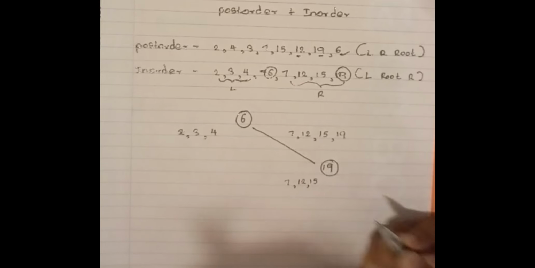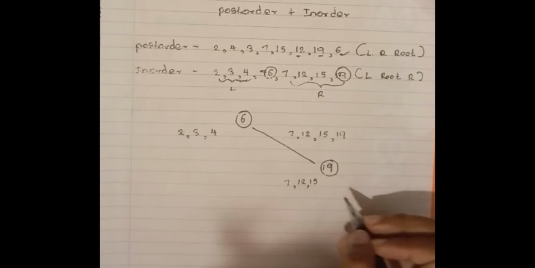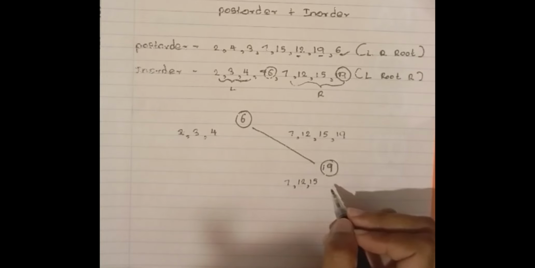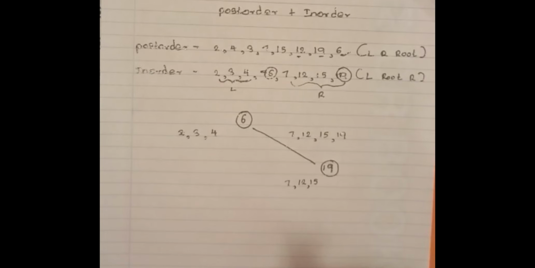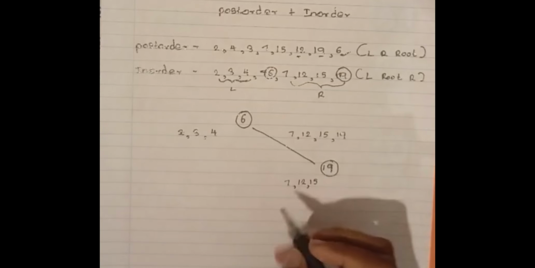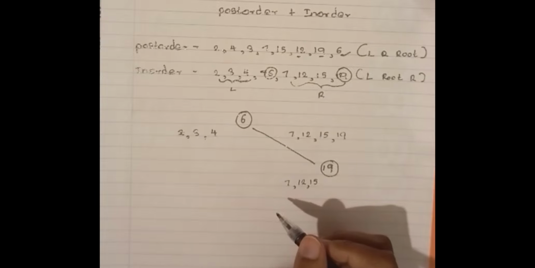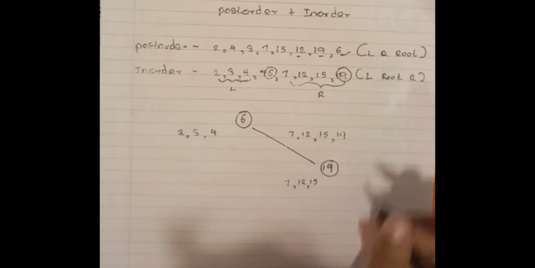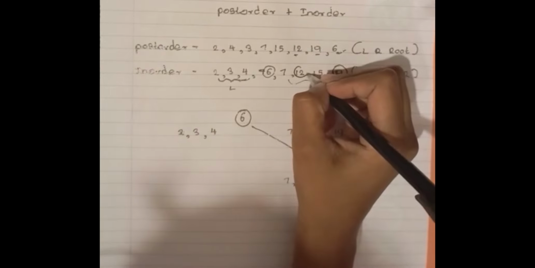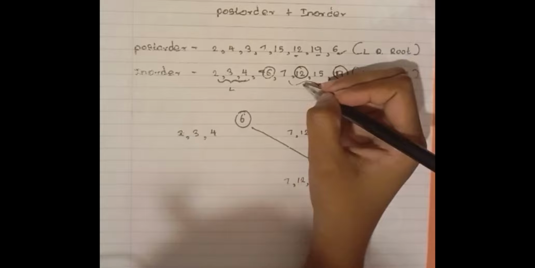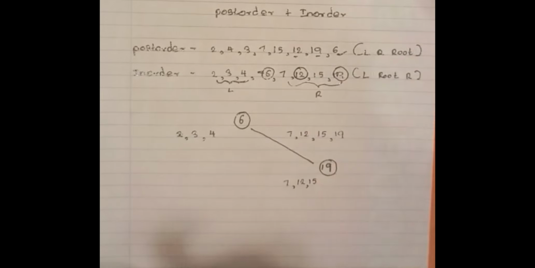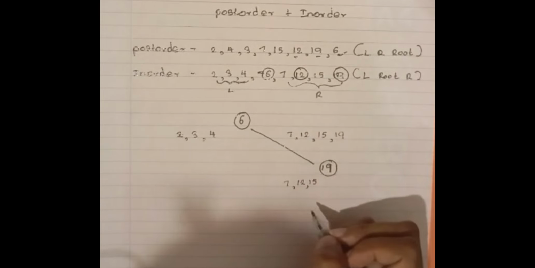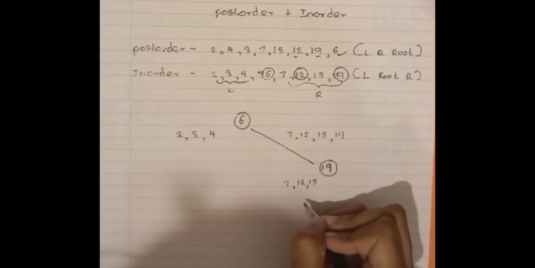So in here, there is the 12 in Inorder. So let's write down.